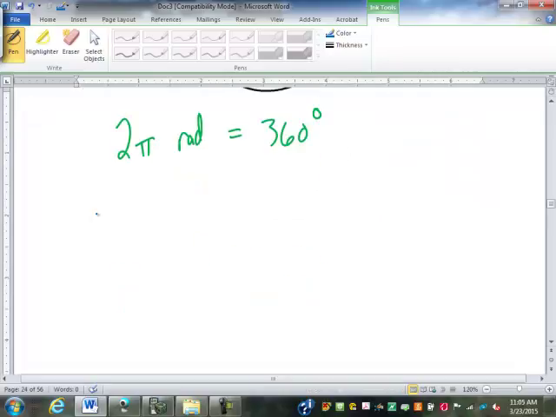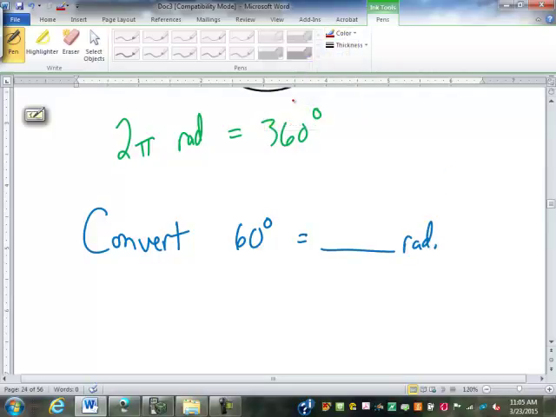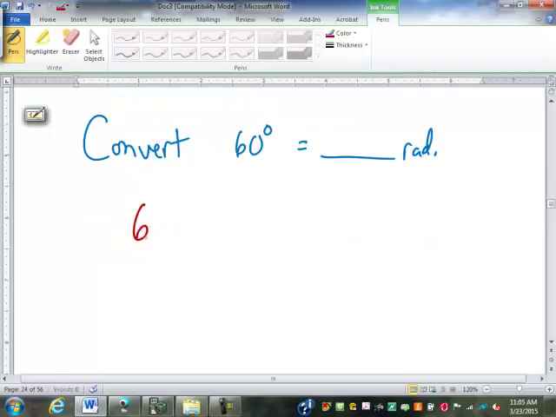So what if I asked you to convert 60 degrees to radians? Well, this is where that measurement conversion that we talked about a little bit comes into play. I've got 60 degrees.